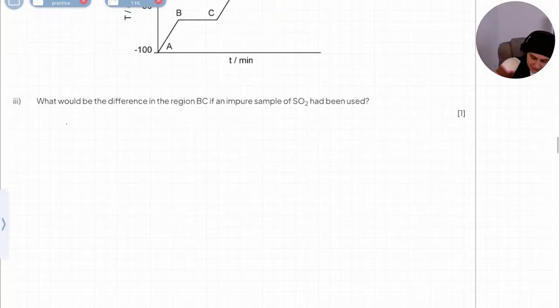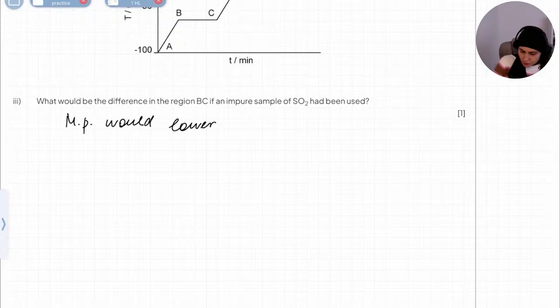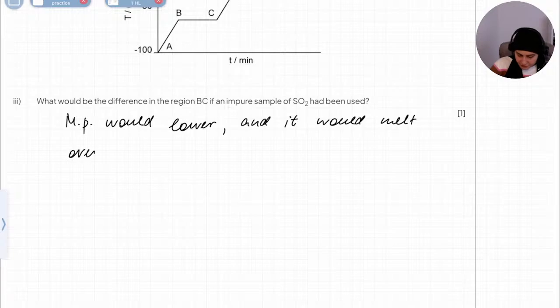So we can say that the melting point would be lower. That's one mark, right? For one mark, that should be enough, but I would also add that it would melt over a range of temperatures.